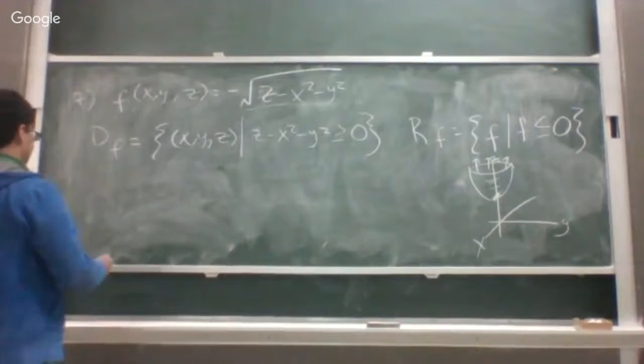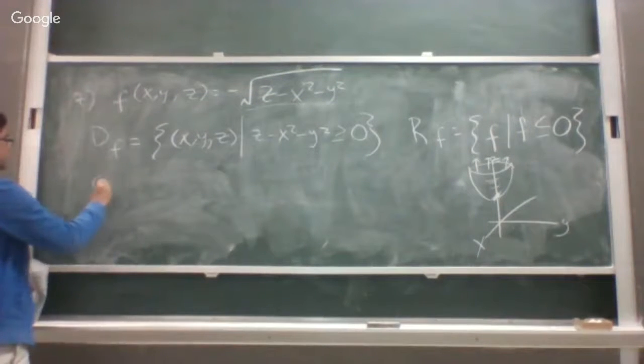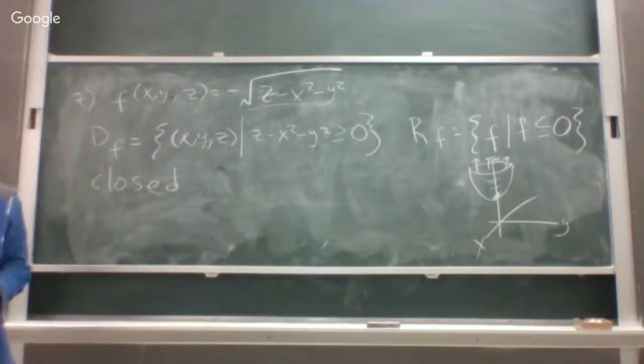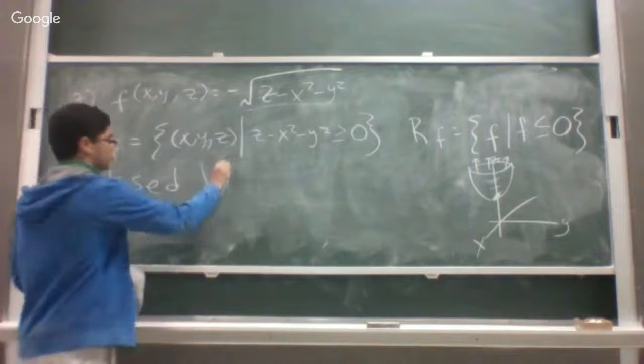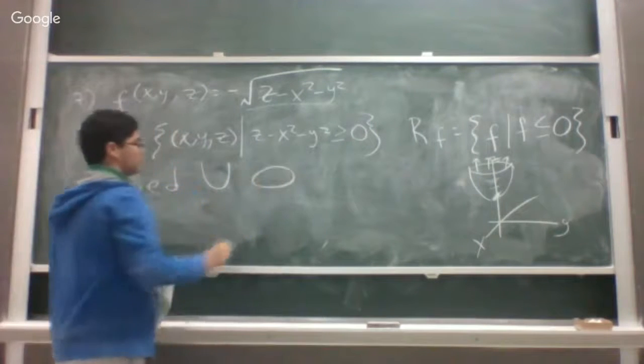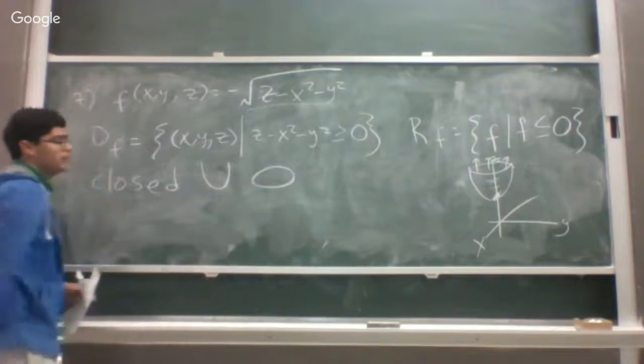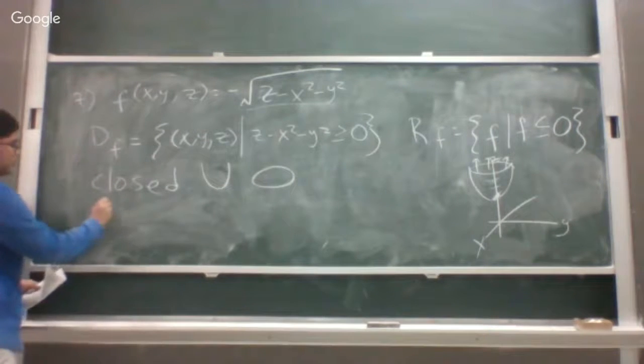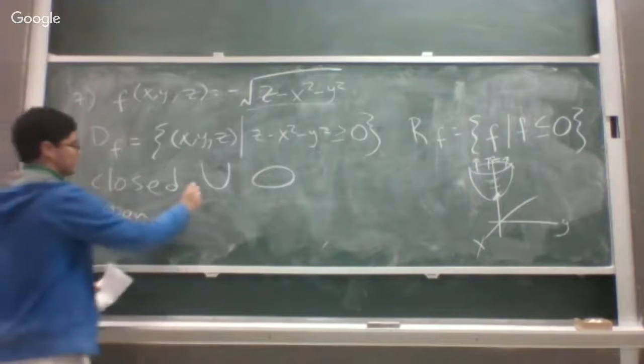So there's essentially four possibilities if you include everything. We have closed. That is if it includes a boundary. So a function could be like that, or it could be an ellipse, or something like that, but it includes the boundary. We have open when it doesn't include the boundary.